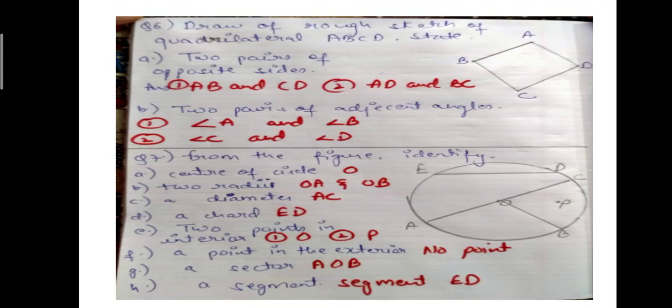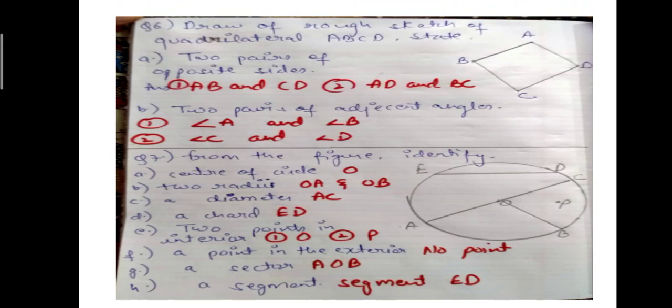Since there is no point which is lying outside the circle, ठीक है, every point is either lying inside the circle or on the boundary of the circle. Clearly we can see that there is no point which is lying outside the circle. Hence we will say that there is no point which is lying exterior to the circle.